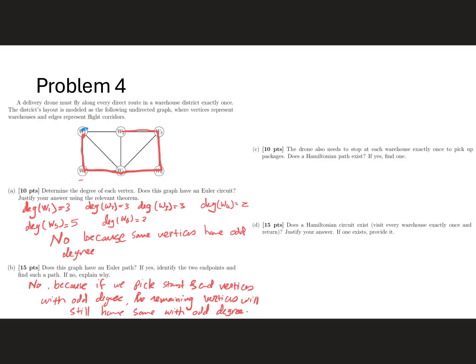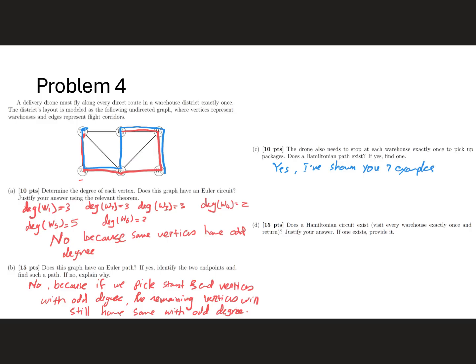And then go over here, over here, over here, over here, over here, right? That's another Hamiltonian path, right? So the answer is yes. And I've shown you some examples, right? Shown you 2 examples. There might be more actually.